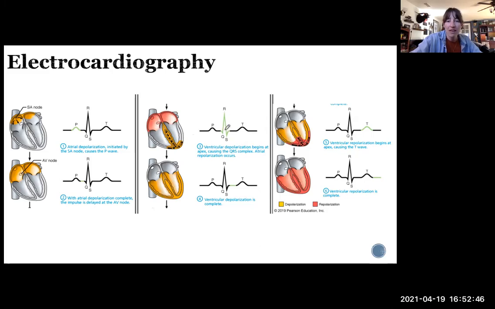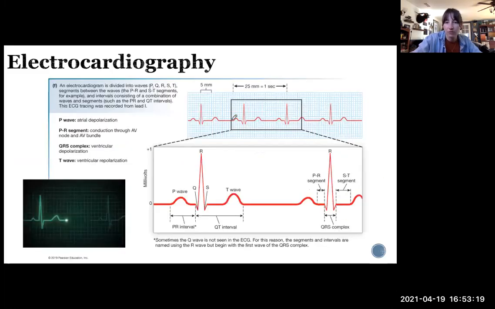You get your R wave, which is the ventricles contracting, and then the ventricles are going to end their contraction and repolarize. So the red is repolarization, okay? That repolarization happens in the same pattern as that depolarization happened, right? Down these fibers and up. Repolarization happens at the bottom and up. Repolarization, that's the pause in between signals, this pause right here.